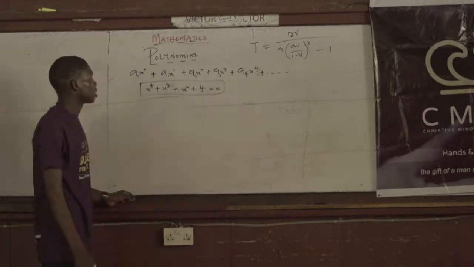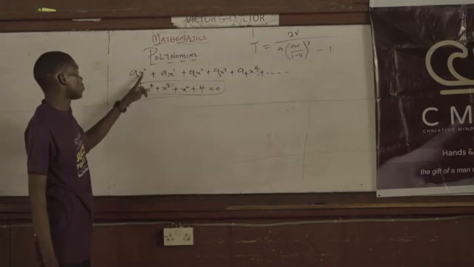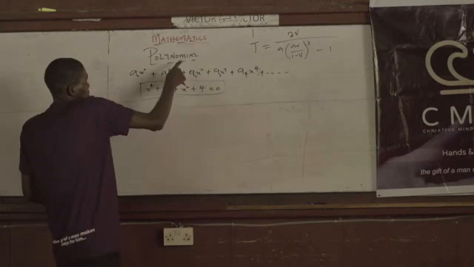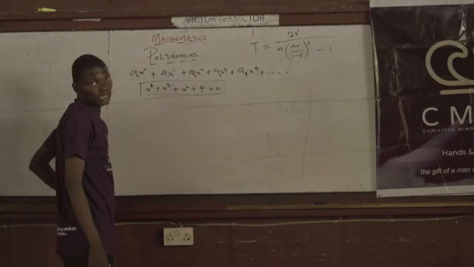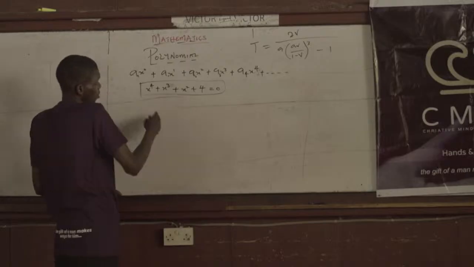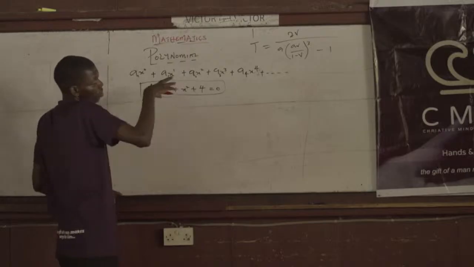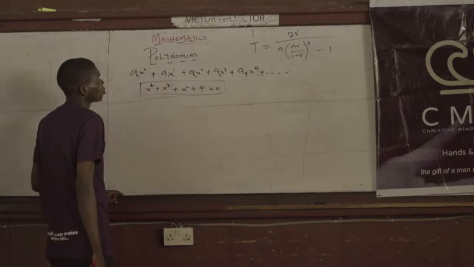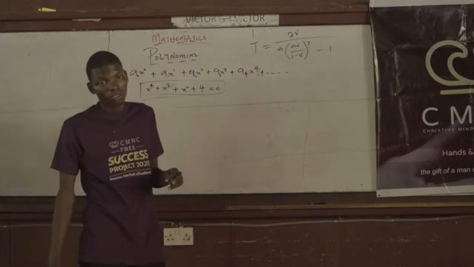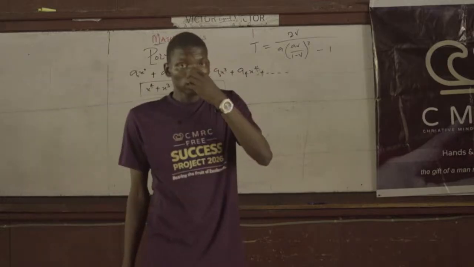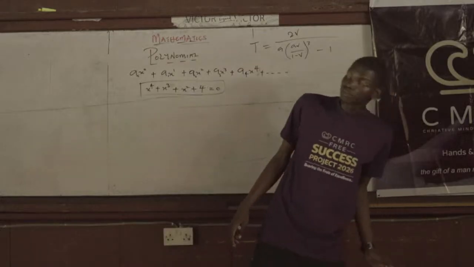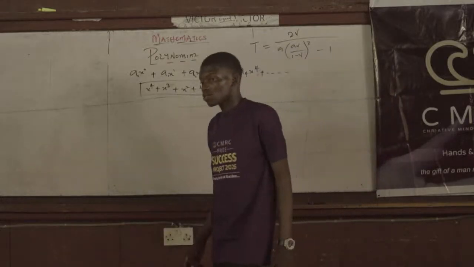You can see that we can start from the highest one, a raised to power n, a raised to power n minus 1, a raised to power n minus 2, and so on. It's still the same thing with what I wrote here. You can write it in ascending order or in descending order. But the polynomial that JAMB will ask, they will not ask more than degree 3. That is the highest one they can actually ask.